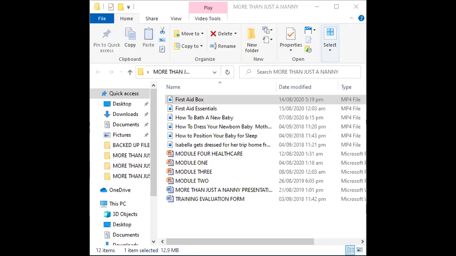Paracetamol, cotton wool. Okay, gloves. Okay, someone has shown us the content of a first aid box. You can see it live there, all the things that are there. Okay, let's see another one.